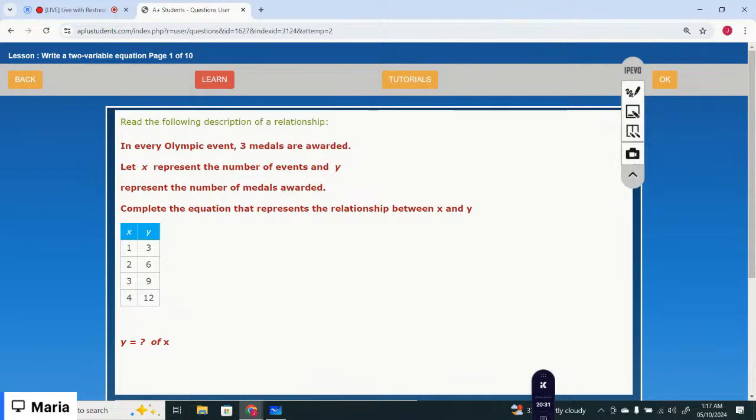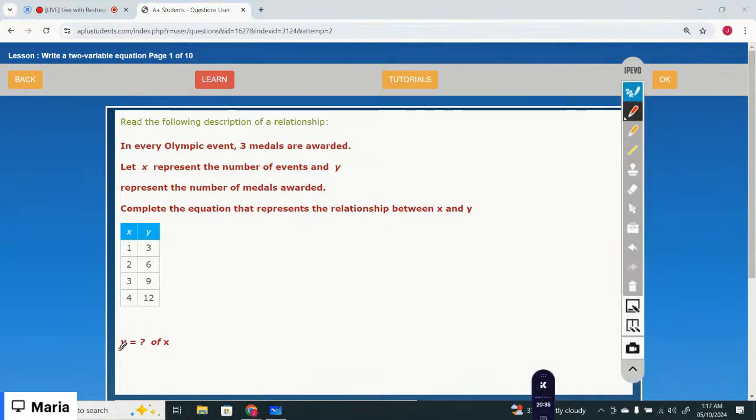So the equation is y equals what value of x, right? What number is multiplying by x? Look at the values 1, 3, 2, 6. So 1 times what number is 3?